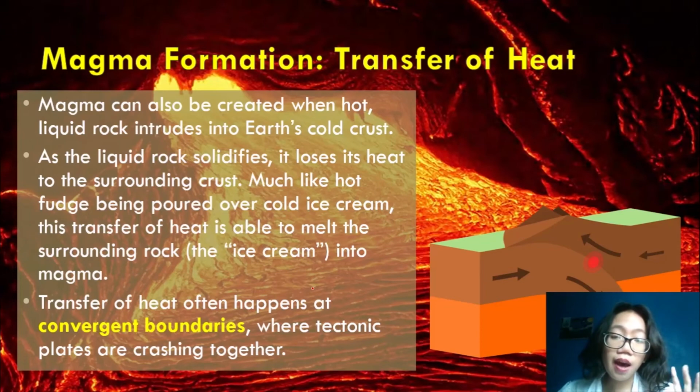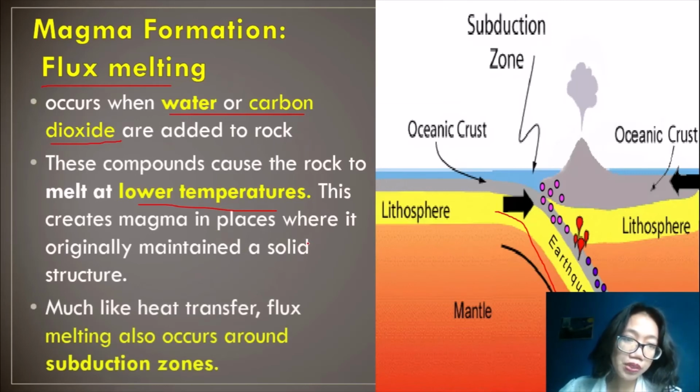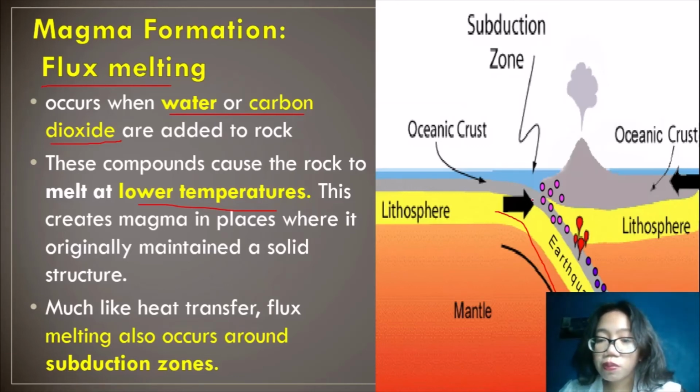Transfer of heat happens at convergent boundaries because they are crashing against one another, while flux melting happens in convergent boundaries, specifically in subduction zones. So you have two convergent boundaries here.